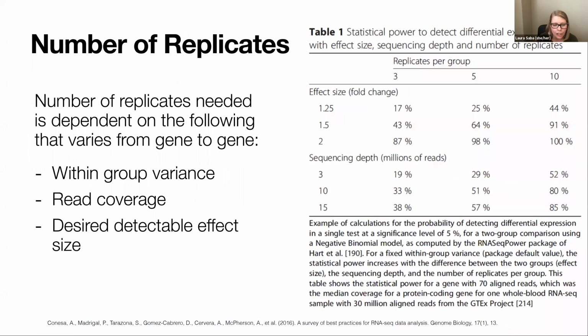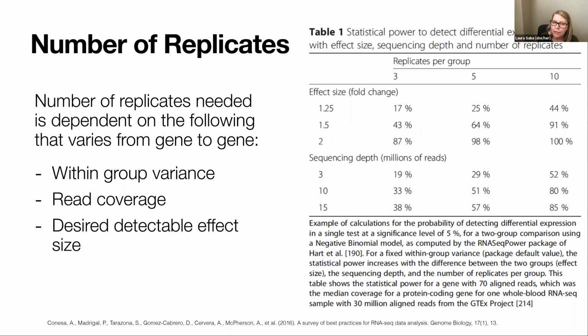I just wanted to show this table out of the Conesa paper to outline the few things that you can move around to really decide on the number of replicates per group that you need. Kind of a rule of thumb for inbred strains, which we do a lot of experiments on and we talk a lot about during these webinars.